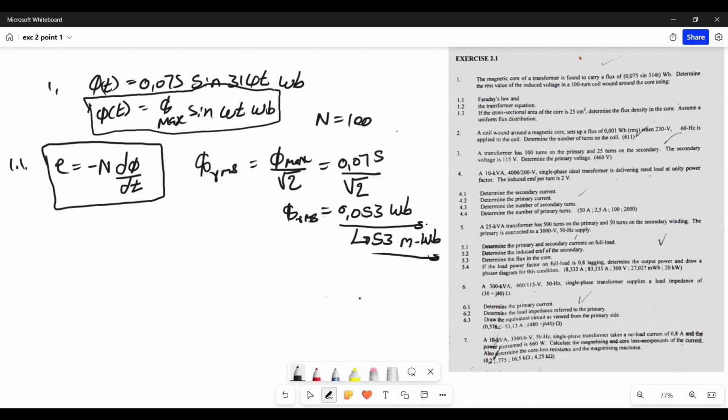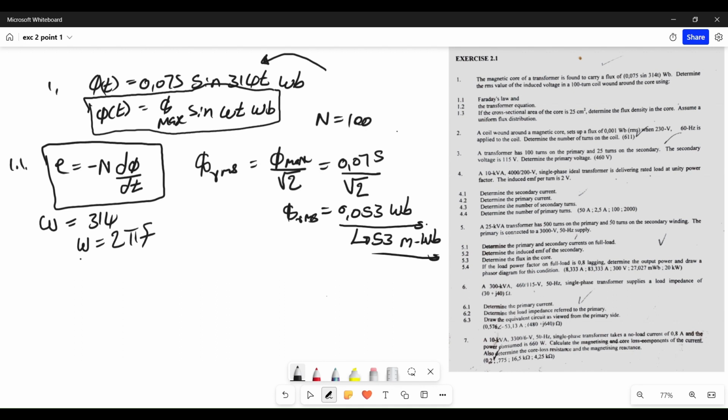Right now what we're gonna do next is take the rotational speed from the flux that we were given. It's 314. This is the rotational speed. We know that rotational speed is equal to 2 pi f.